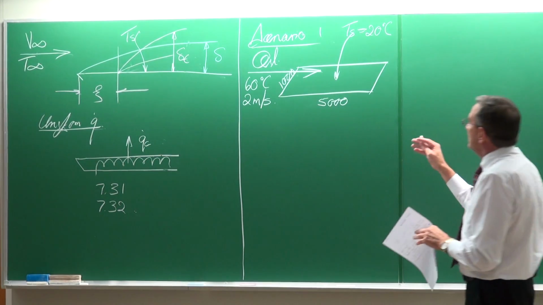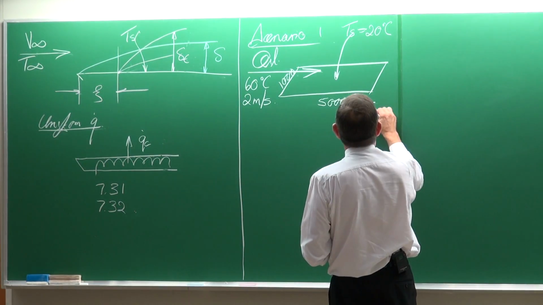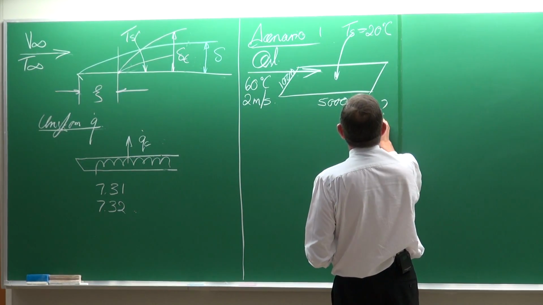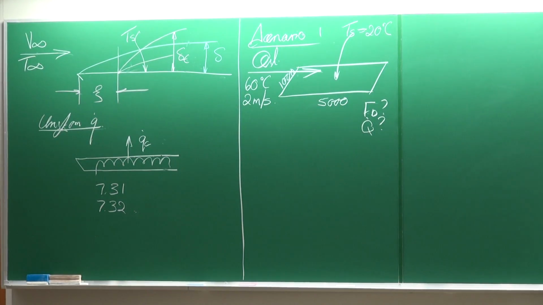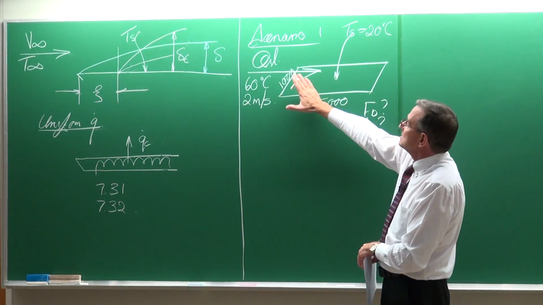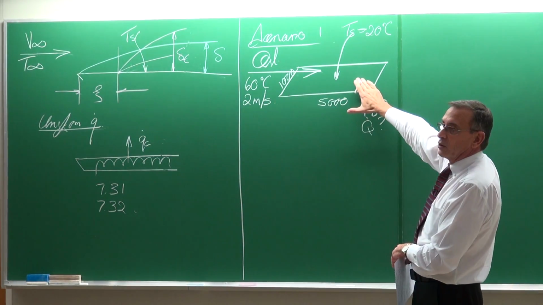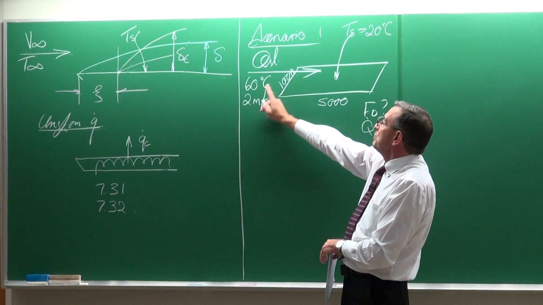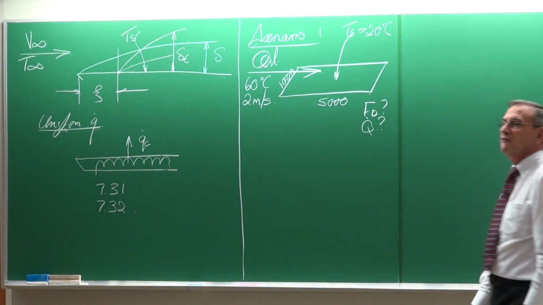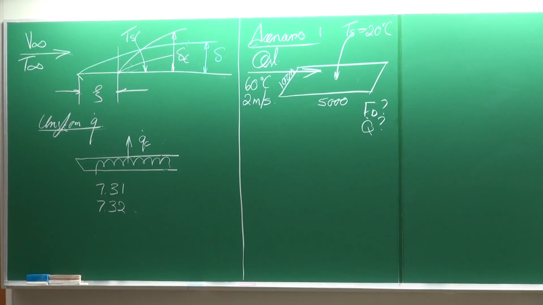And the question is to determine the drag force on the plate and to determine the heat transfer rate. Okay. Flat plate, 5 meters by 1 meter. It is at a constant temperature 20. Over it flows oil at a temperature of 60 degrees Celsius and a velocity of 2 meters per second.